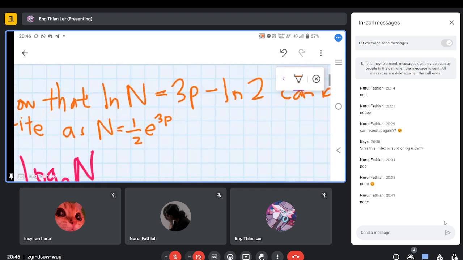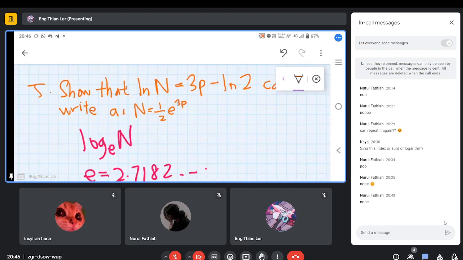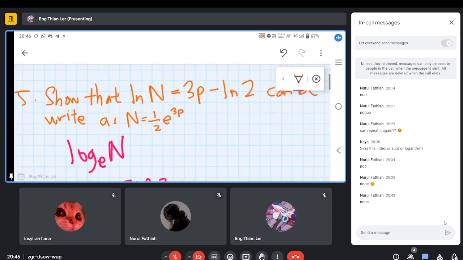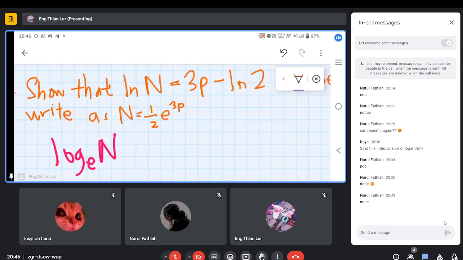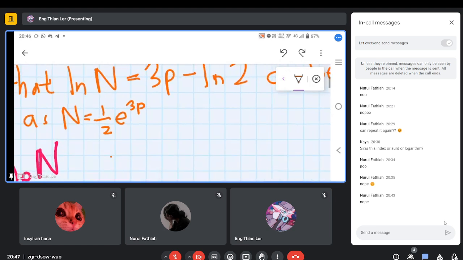So we need to show that ln n equal to 3p minus ln 2 can be written as n equal to e to the power of 3p. First, you can see that this is n equal to something, but in here is ln of something. So to cancel the ln, we need to raise it to the base. It's like 2 to the log base 2 of x equal to x, and this and that cancel.